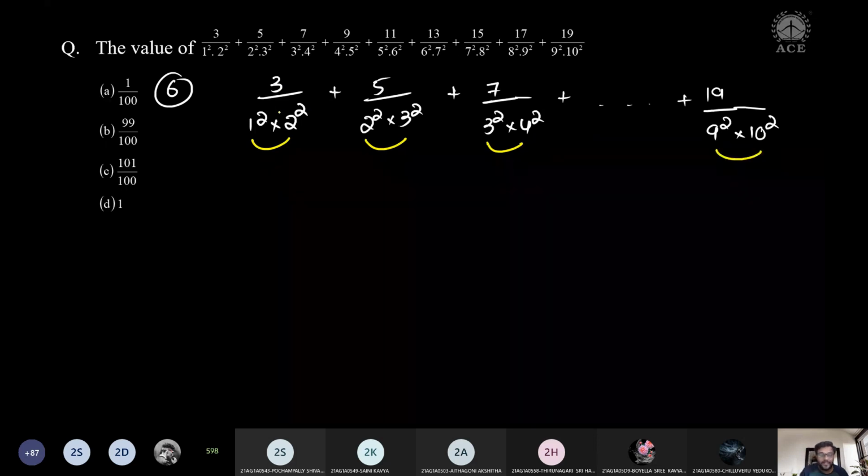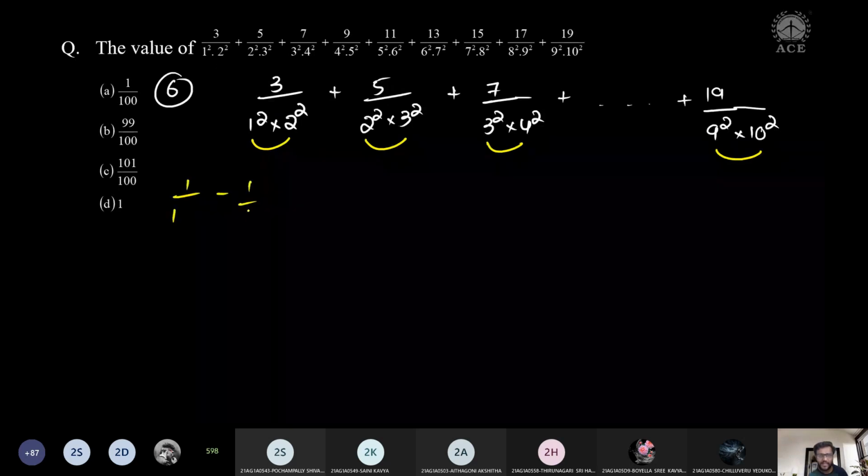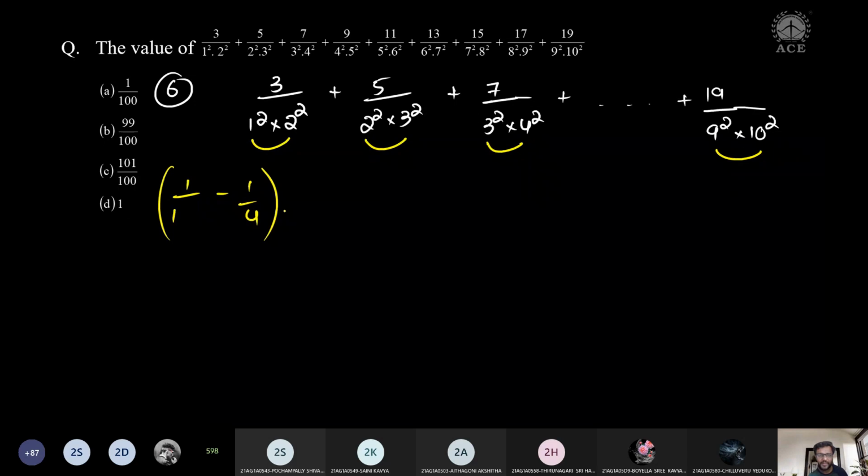Now what will happen? See, I can write this directly as 1 by 1 minus 1 by 4. This one I can write directly as 1 by 4 minus 1 by 9. Why, sir? See, 9 minus 4 is 5 in the numerator, denominator 4 into 9, 2 square into 3 square directly. And so on, 1 by 9 square minus 1 by 10 square.